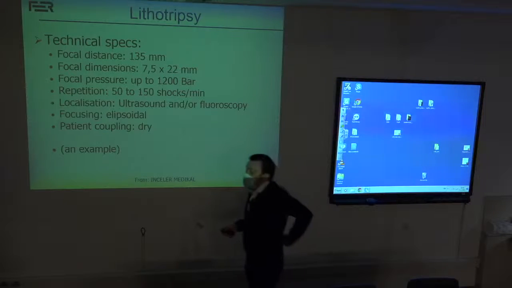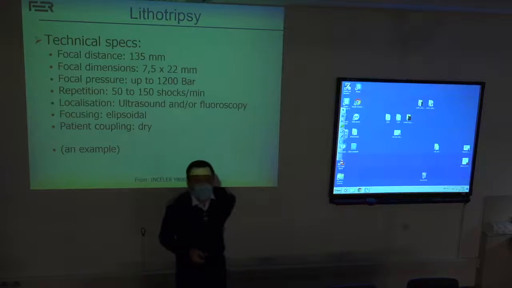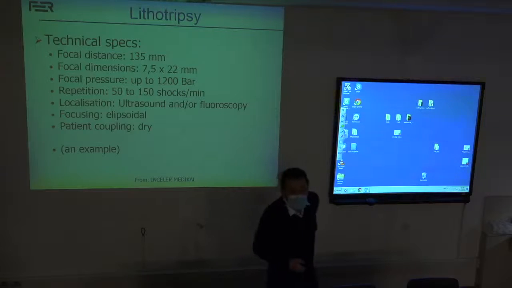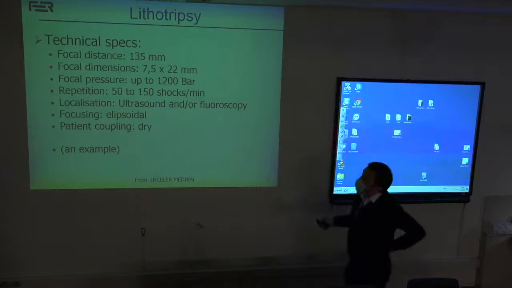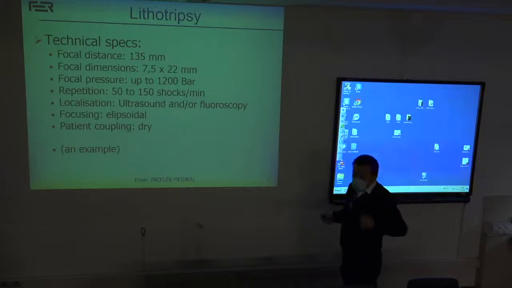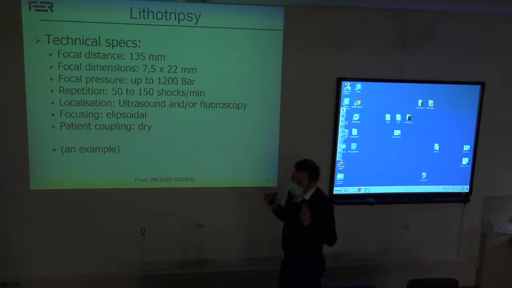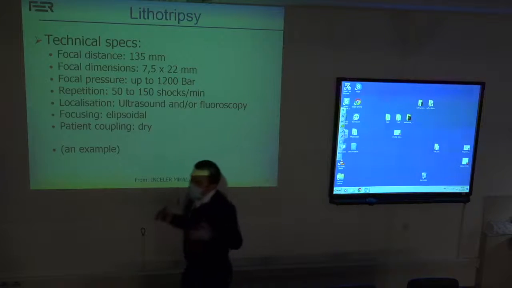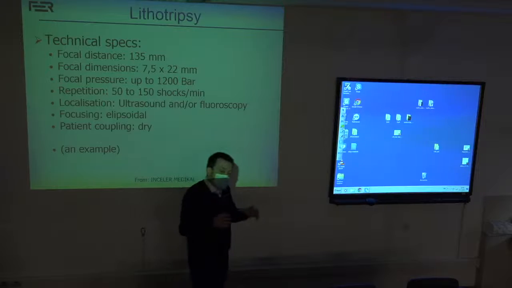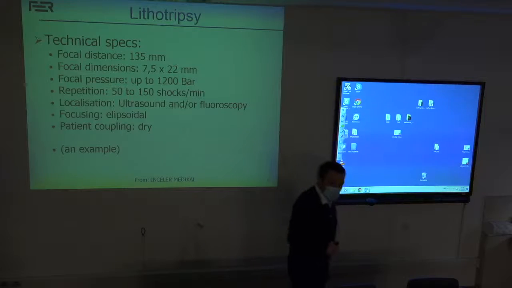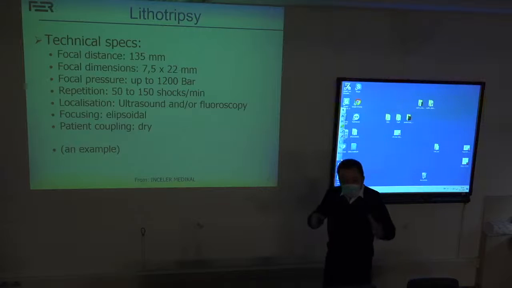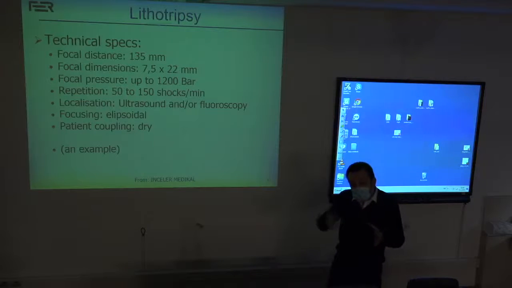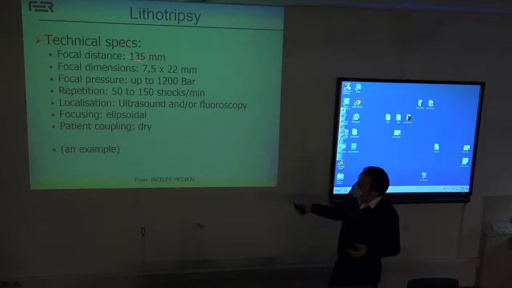That means that somebody calculated that the average depth of the kidney in the human body is around this distance. It's always better from the point of view of using the same device with different people. Some people may be fat and something like that, so the distance to the stone is larger. Therefore you need some larger depth.